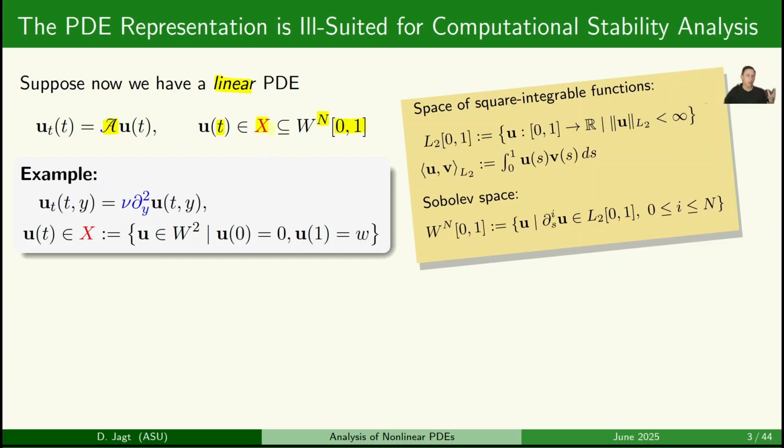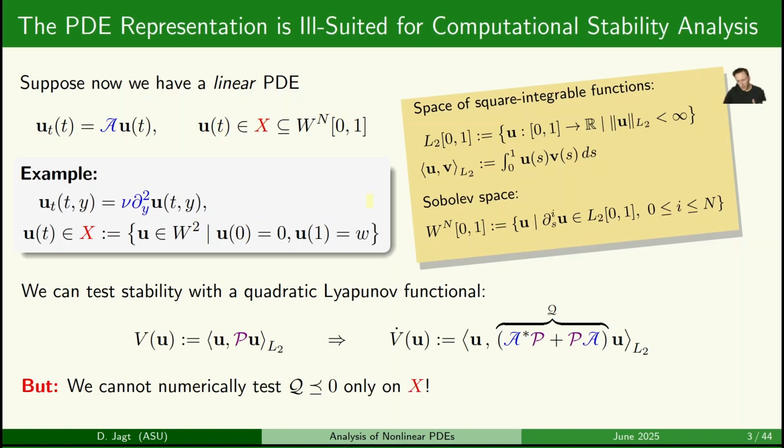So for example, if we consider our flow model from the first plate, the operator A here will become this second order spatial differential operator, and the set X here is defined by those second order differentiable functions satisfying our boundary conditions at the lower and the upper boundaries.